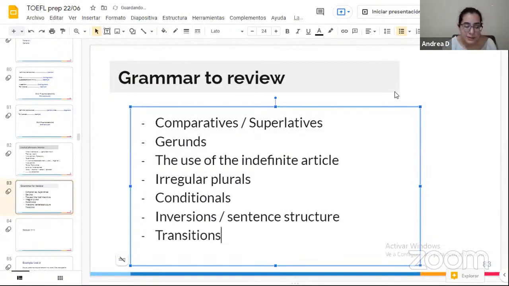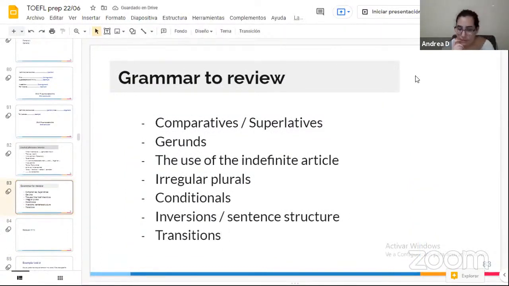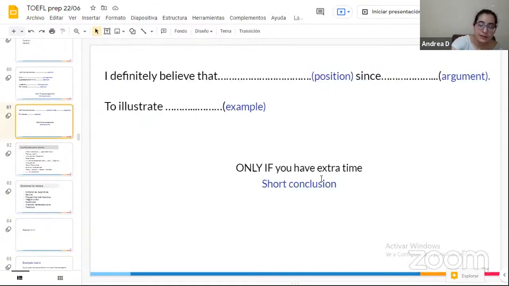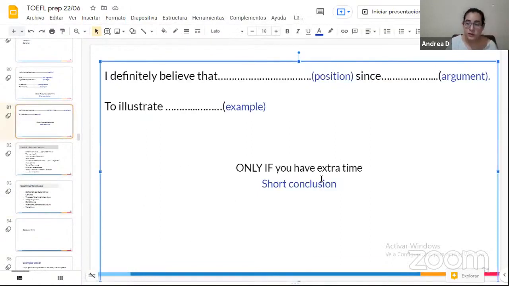So yes, those are some tips I could give you. What else? If you have some extra time at the end, like 5 or 10 seconds, you could provide a conclusion. And the conclusion doesn't have to be that complex. You could always say something like, so that's why I believe so, or so that's why I think so.